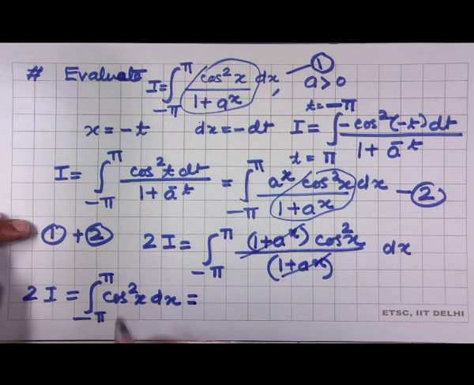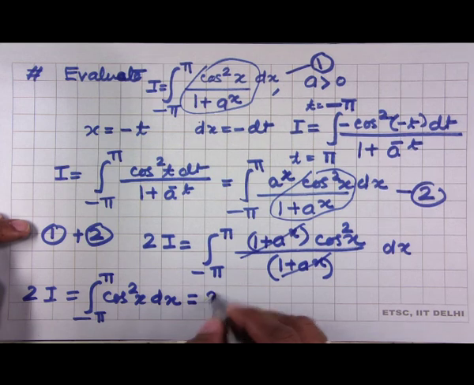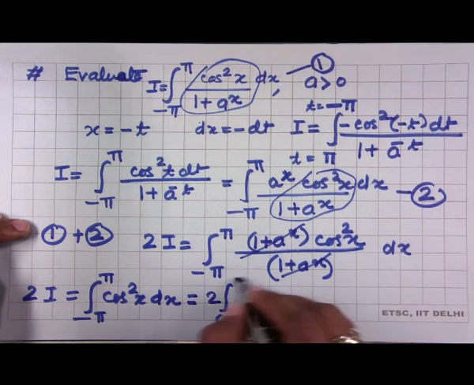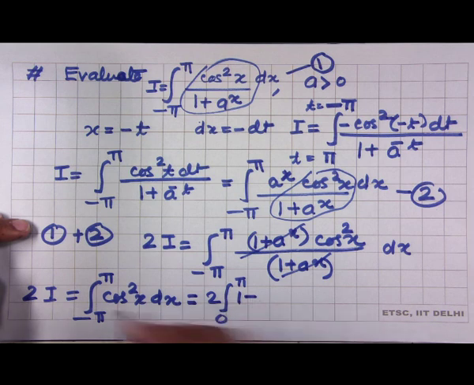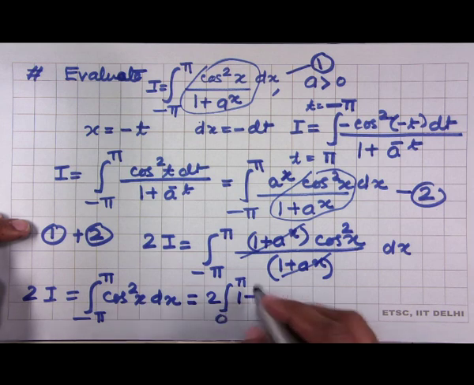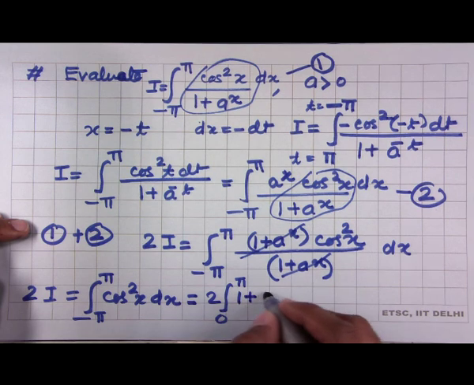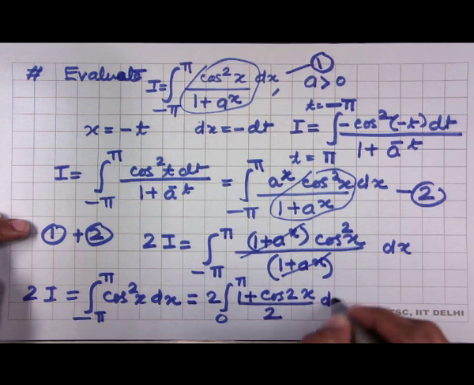Now because cos square x is an even function, you can write twice of 0 to pi, and cos square x you can expand by using trigonometric properties of cos 2x, and write it as (1 plus cos 2x) by 2, dx.